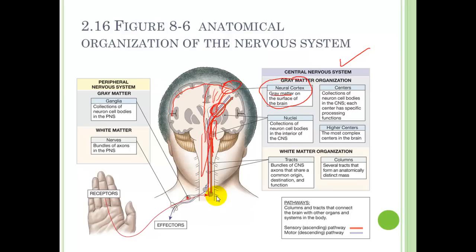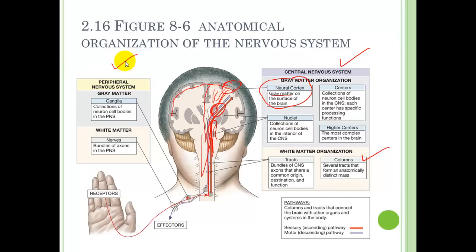They also would control motor function, which we'll see we can actually see deficits of whenever someone has a brain injury, intracranial swelling, or some kind of spinal cord injury. On the left side here we have columns, several tracts that form an anatomically distinctive mass. And then we're going to talk about the peripheral nervous system on this side.